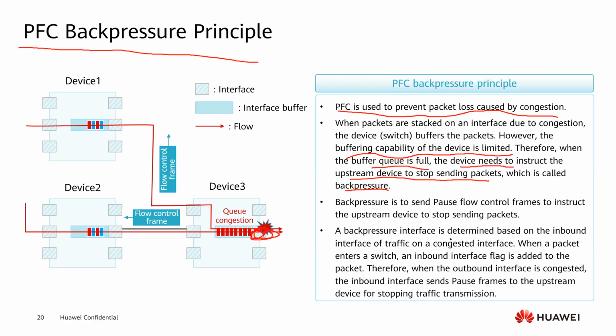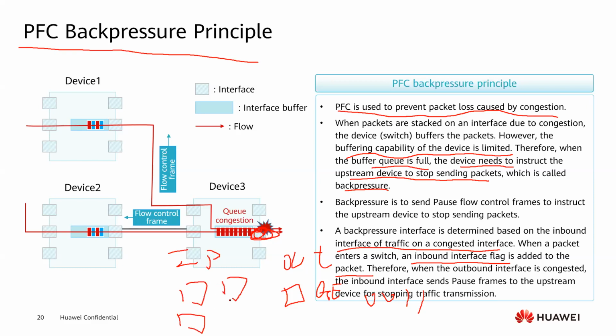Back pressure interface is determined based on the inbound interface of traffic on a congested interface. So when packets enter the switch, an inbound interface flag is added to the packet. For example, here we can see this is the outbound interface. Outbound interface maybe GE0/0/1, and this is the inbound interface. It may have two or more interfaces.